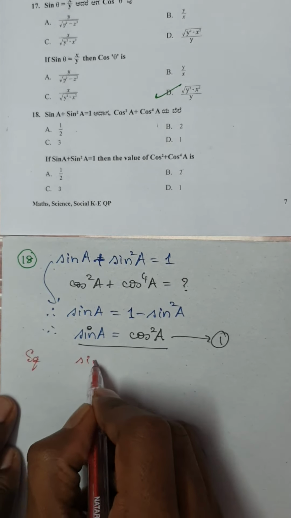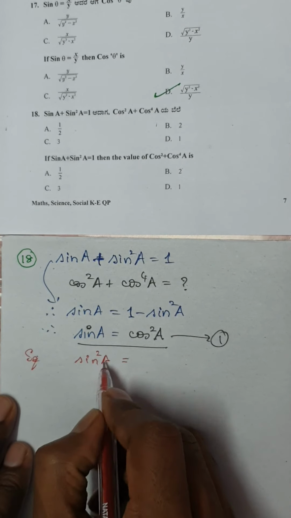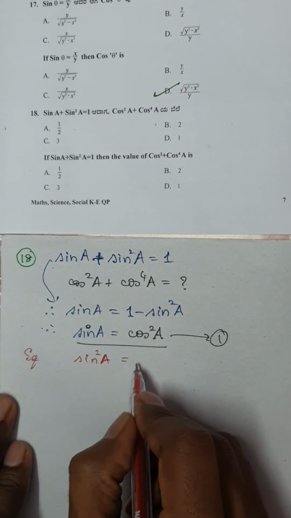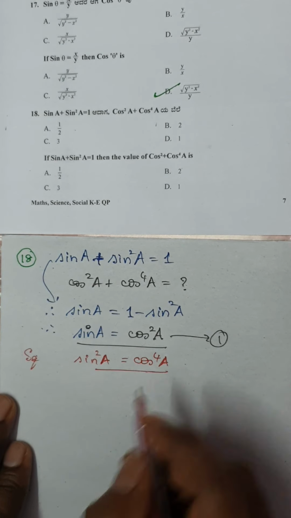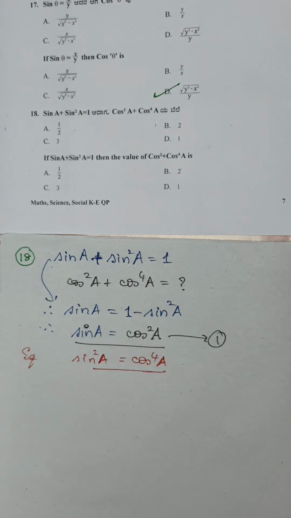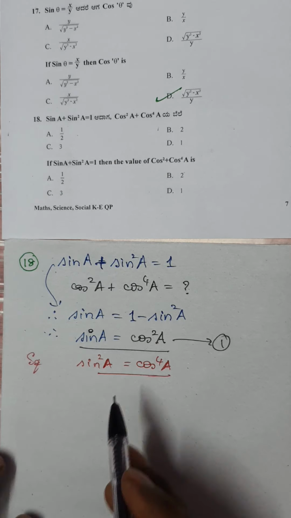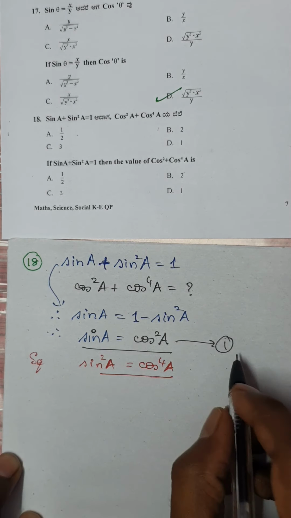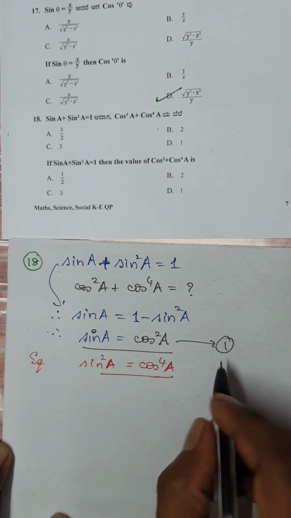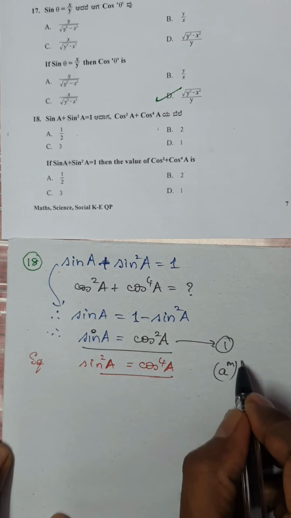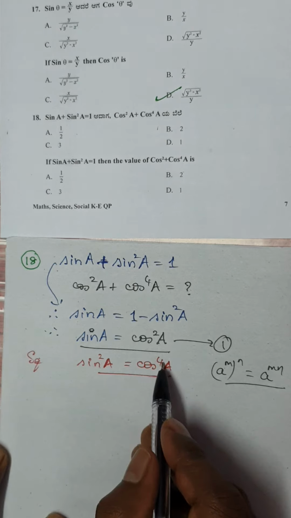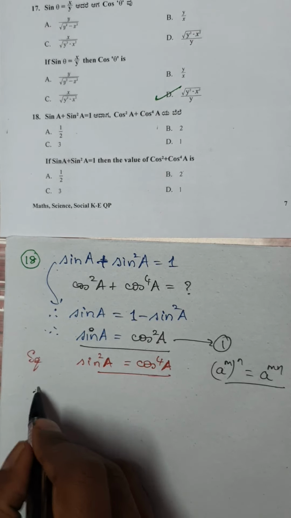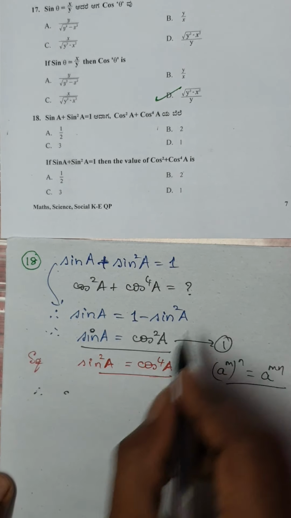I'll get sine square A is nothing but, if you take the square of cos square, you will get cos power 4A. We know this clearly. Is it clear? We know a power of m power n is nothing but a power of m into n, isn't it? So 2 into 2 will give me cos power 4. Therefore, see what happens to this equation.